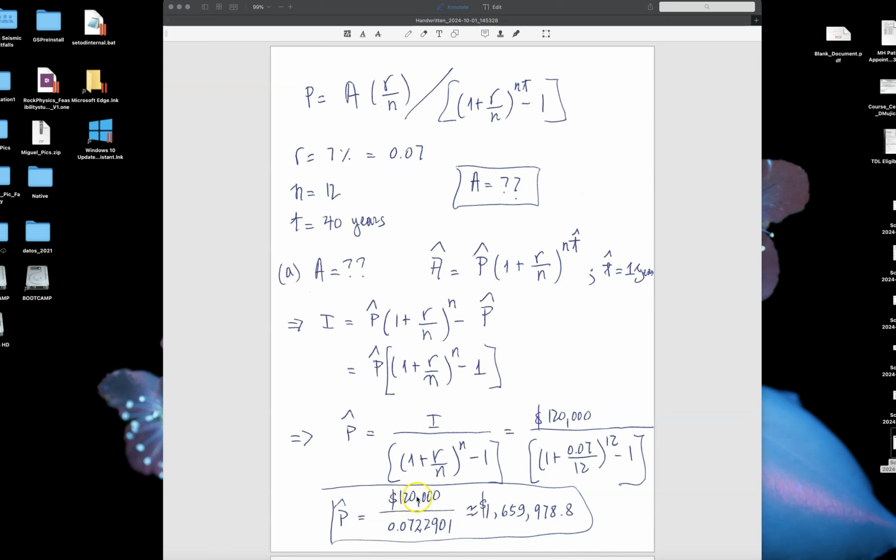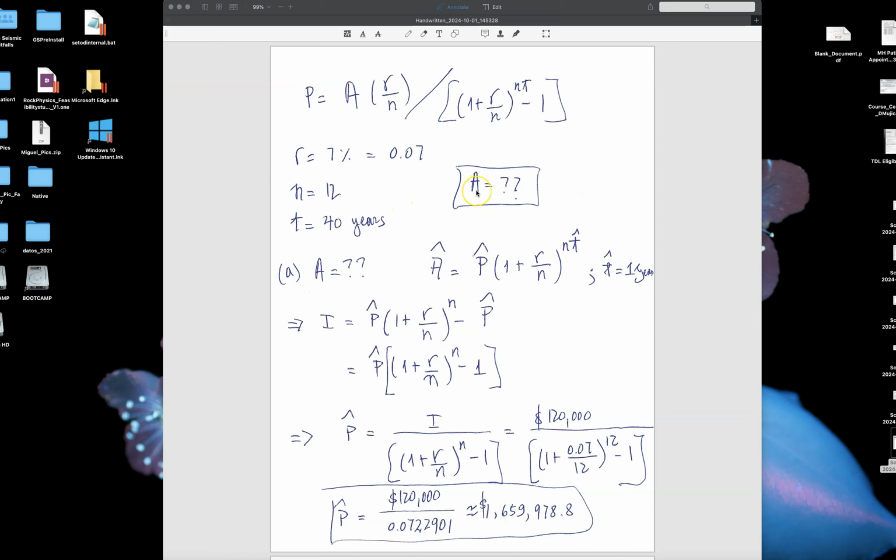If you divide 120,000 by this amount, you get $1,659,978.08. This value is what you're going to get after 40 years in your IRA transaction with all these conditions.